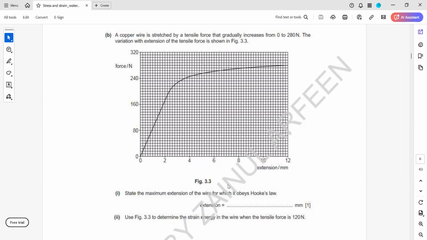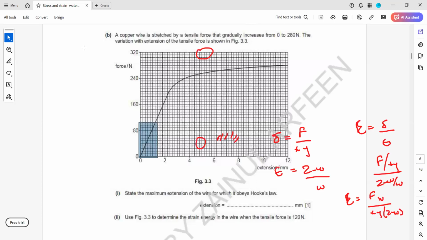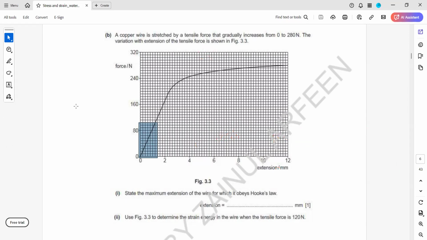So we'll use a ruler and work out the length here. The last point where it appeared to be straight is this point. And it will have a range in the exam.